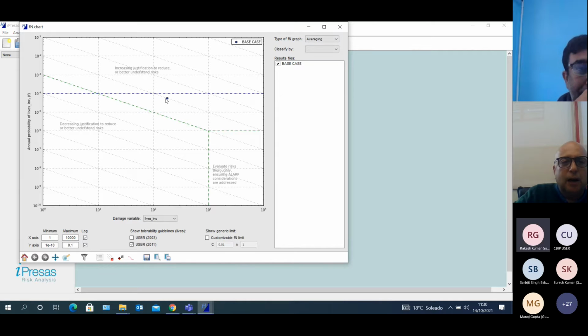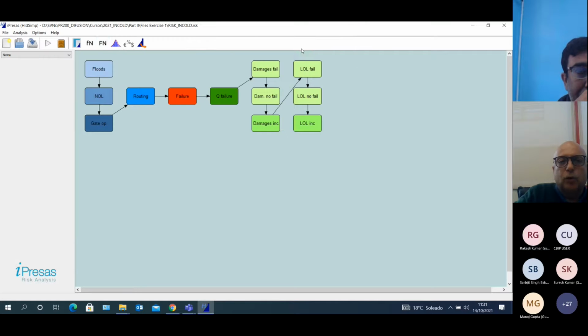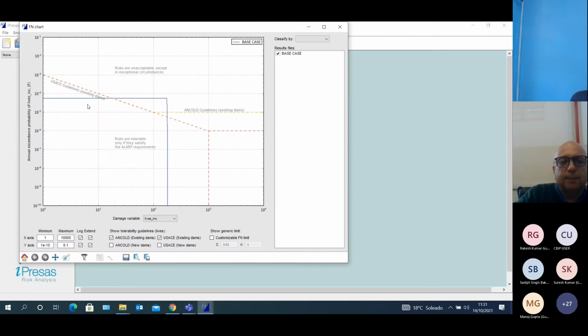So if we plot our risk, which is, this is probability of failure, this is average life of loss, against the US Army Corps of Engineers tolerability guidelines, we are over it. If we do it in terms of capital FN chart, the same.